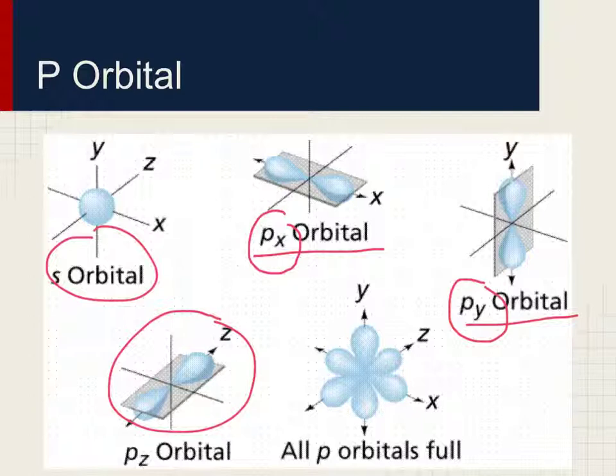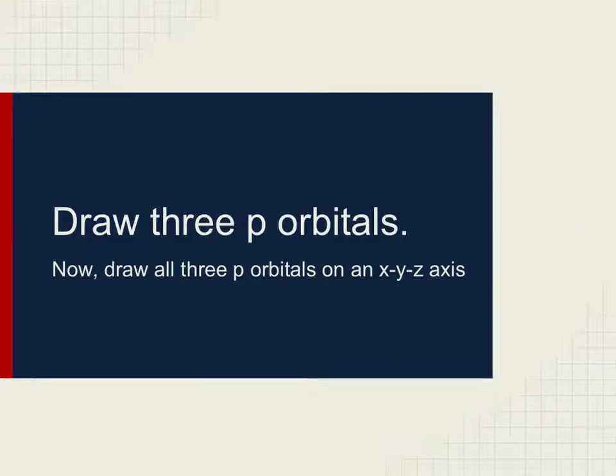z-axis. And if we were to draw or depict those p orbitals on all axes at the same time, we would see something like this. So this would be a representation of all 3 p orbitals. Now again, it's important to know the shape of the p orbital and that they have different configurations in the x-axis, y-axis, and z-axis. So just like with our s orbitals, I'd like you to take some time and in your notes draw 3 p orbitals.